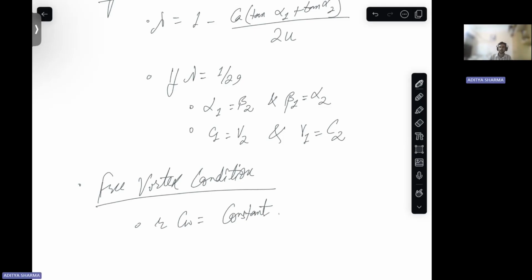So if we can keep this product of r and C_w constant at different positions along the blade height, we can maintain the radial equilibrium. So this is basically the free vortex condition.